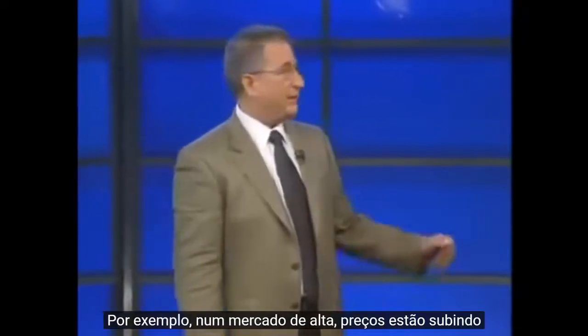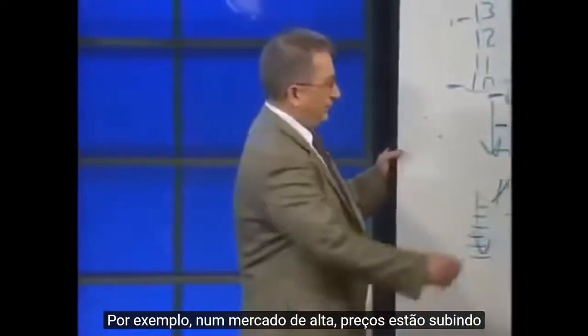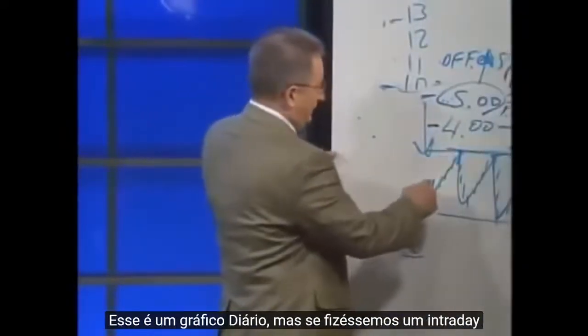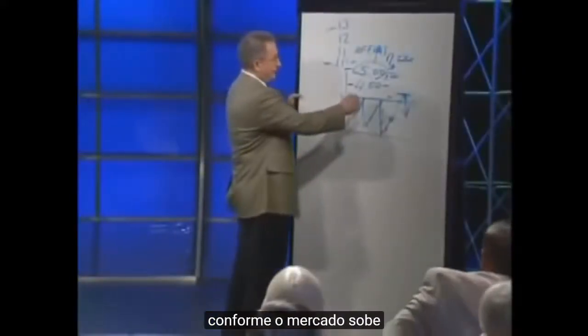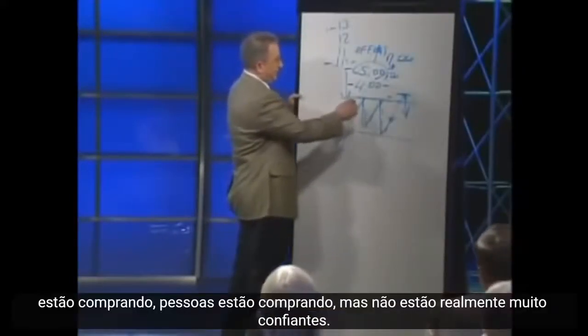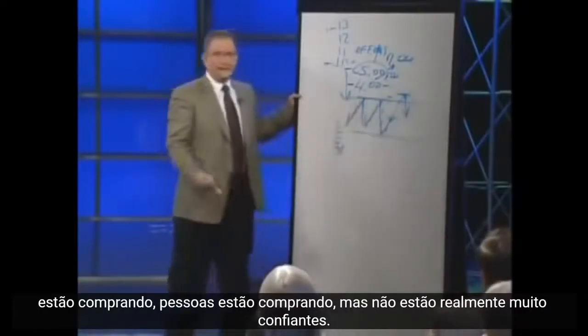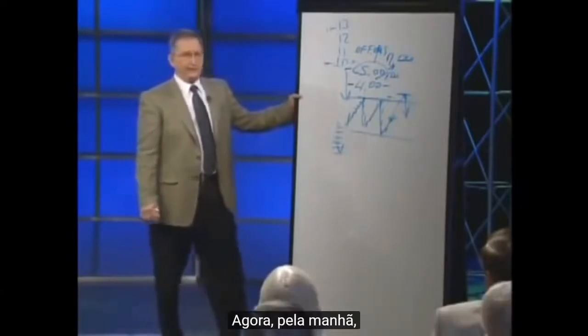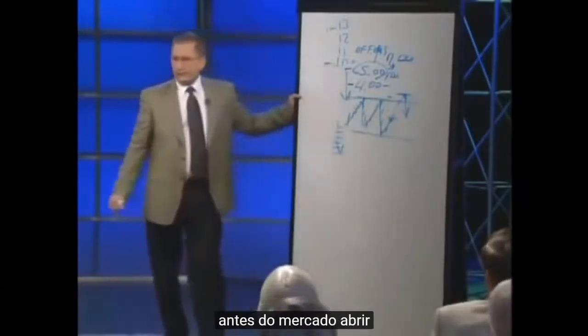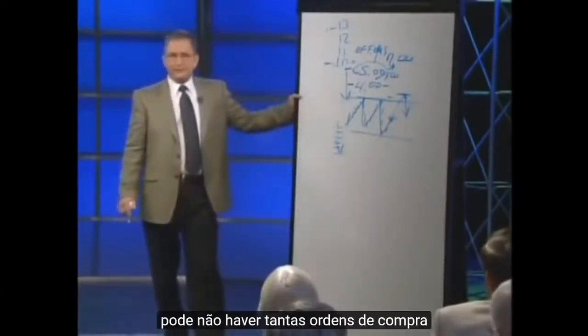Because what you have in a bull market is people that, as the market's going up, because this is a daily bar, but if we made it an intraday bar or whatever, as the market is going up, people are buying, but they're not really confident about what they're doing. Now, in the morning, before the market opens, there might not be that many bids.